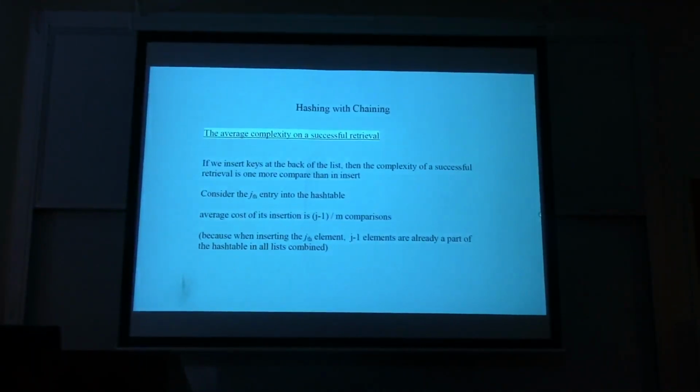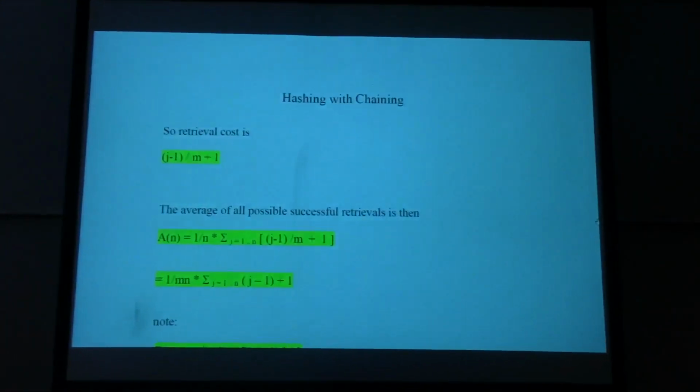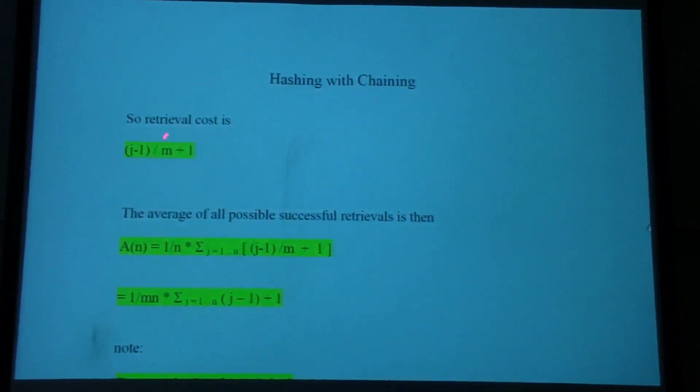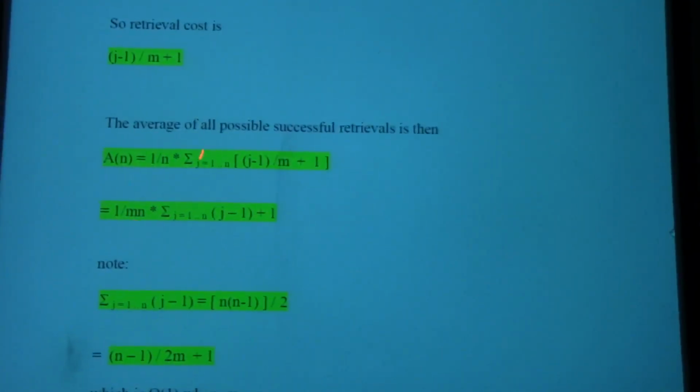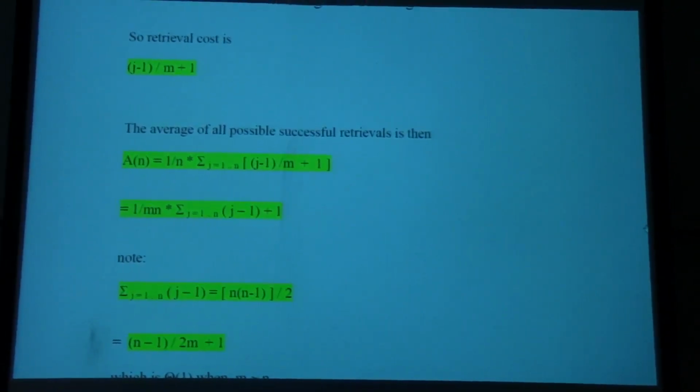Now I'm going to be doing successful retrieval, so it's going to be j minus 1 over m plus 1. That's the additional comparison, right? So that's my successful retrieval cost. The average of all possible successful retrievals, A of n, is going to be 1 over n times the sum as j goes from 1 to n.